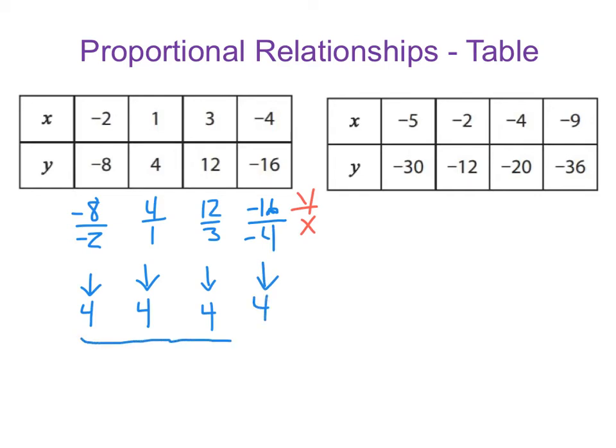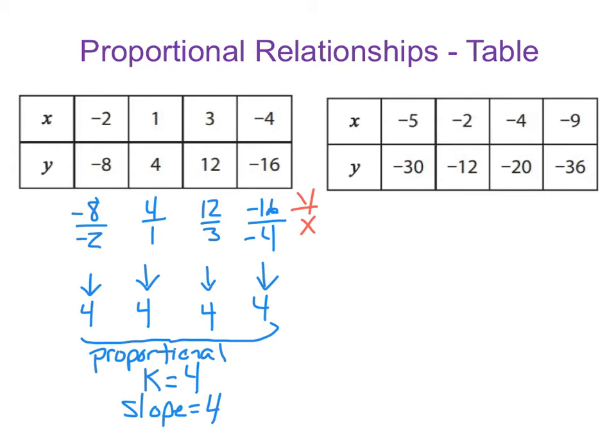Because all of these are 4, this is a proportional relationship. And my value for k is 4, which also means my slope is equal to 4 if I were to graph these points.